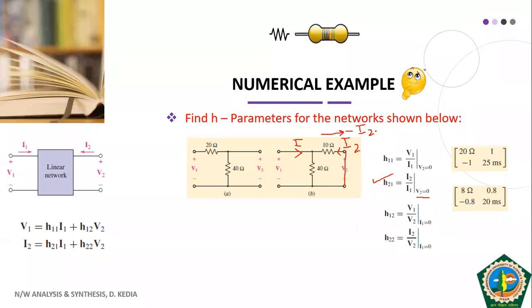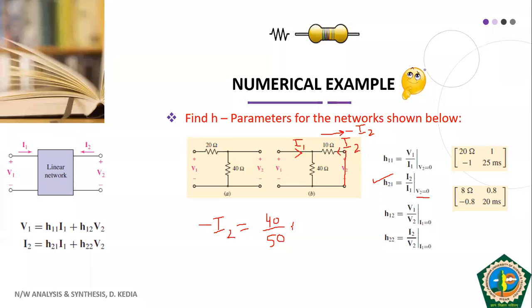This minus of I2 is a component of this I1. So you apply the current divider rule. According to that, minus of I2 is nothing but the current across the 40 ohm resistance. 40 will be in the numerator, and in the denominator, 40 plus 10, that is 50.